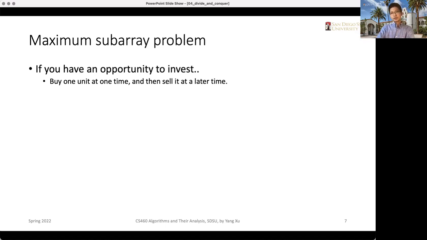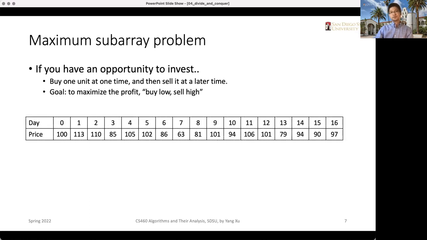So the strategy is that we want to buy one share at one time, and then we want to sell it at a later time. And hopefully we buy it at a low price and sell it at a higher price, right? That is the basic strategy of doing investments. Okay. So for example, if we kind of cheat a little bit by knowing all the prices in advance, okay?